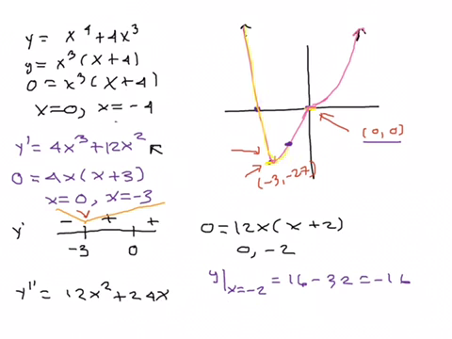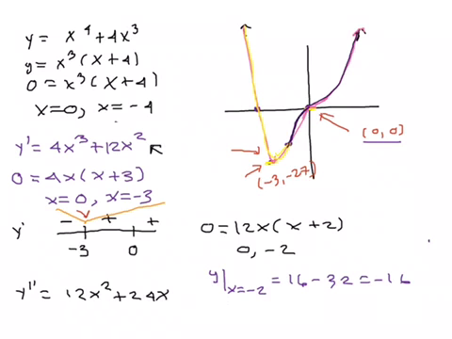What I also know is that after -2, the concavity changes. If it was concave up there, it should now be concave down. So at -2, I should have something that looks like this. The concavity should change there. And then at 0, it's going to change again. It's going to go concave up. So that now is my graph. Let's see if that is correct.